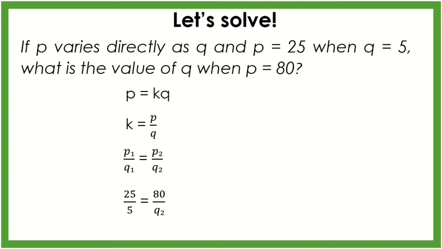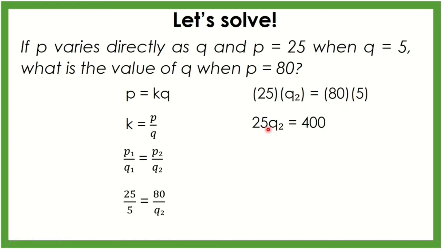And then, i-cross multiply natin. We have 25 times Q sub 2 equals 5 times 80 or 80 times 5. Okay, so multiply natin. 25 times Q sub 2 equals 80 times 5 is 400.